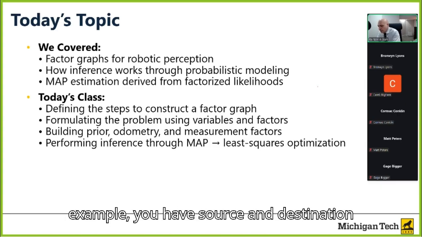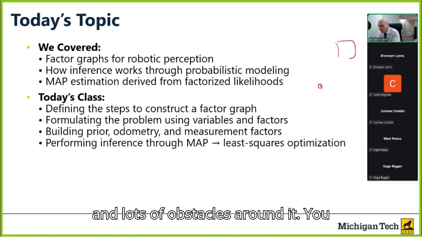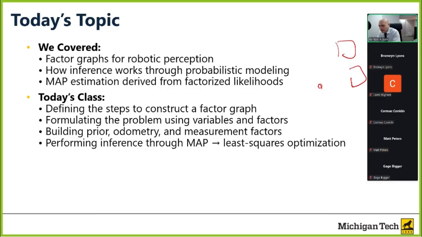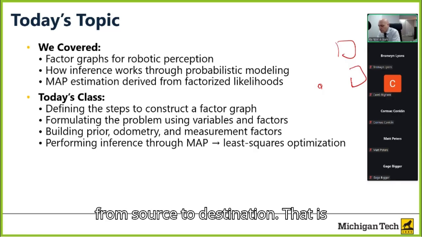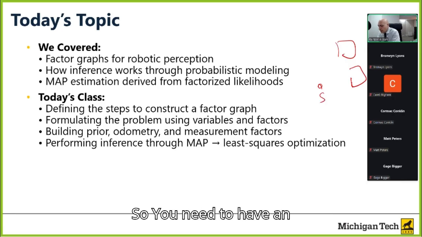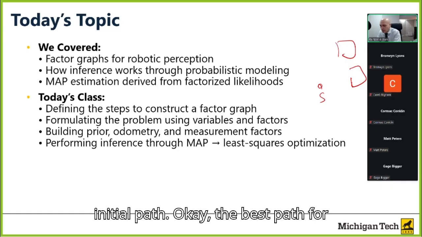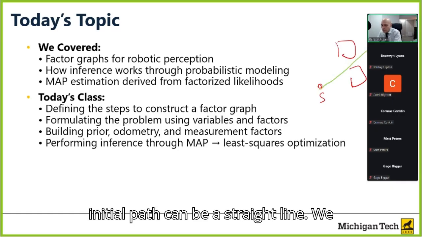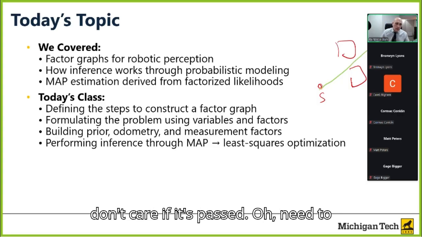You have source and destination and lots of obstacles around it. You want to see what is the best path from source to destination. So you need to have an initial path. The initial path can be a straight line. We don't care if it's a path.